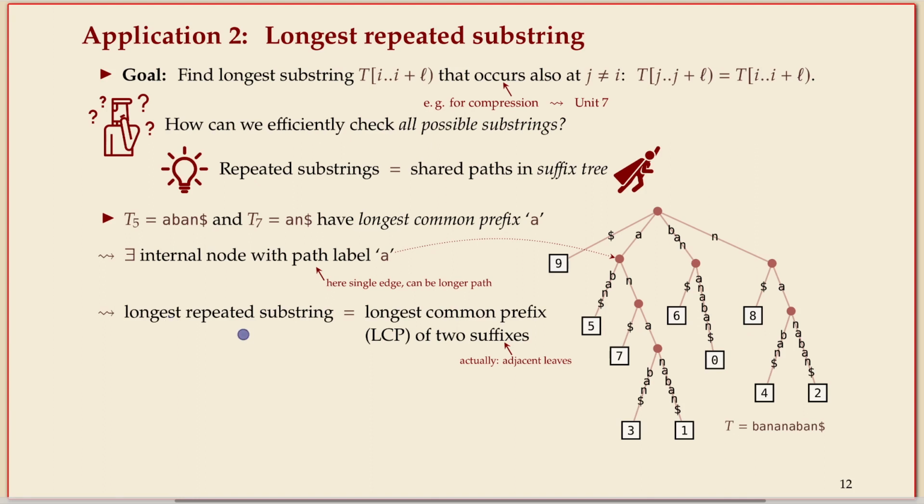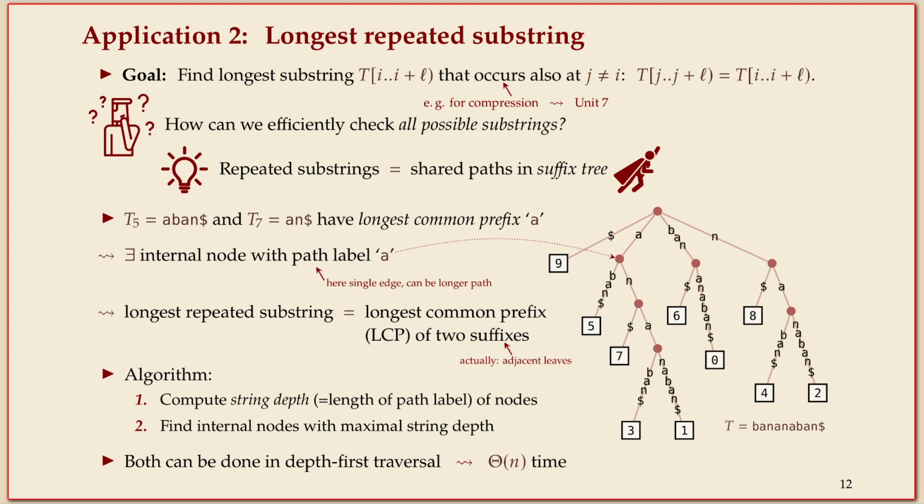To reformulate the question, the longest repeated substring in a text is the same as the longest common prefix, the longest prefix that's identical occurring in two suffixes. Okay? And well, you can narrow it down further, but it's two leaves.